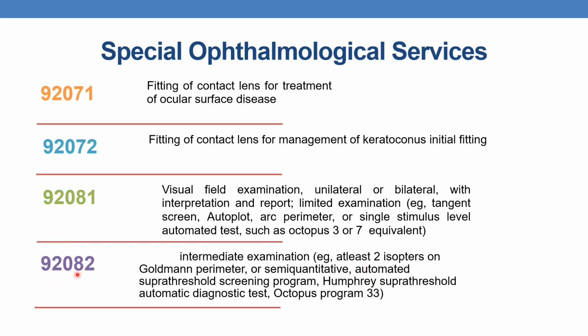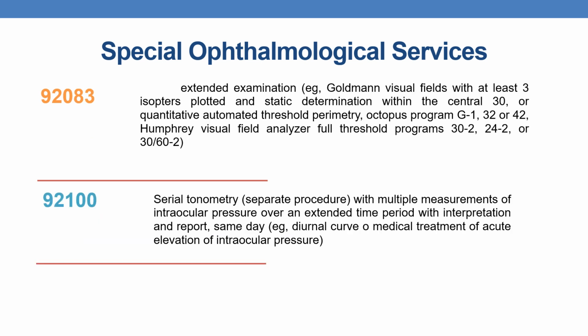The CPT is 92082 for intermediate visual field examination. For limited visual field examination, the CPT is 92081. And for extended visual field examination, the CPT is 92083 and it must include all the listed isopters.